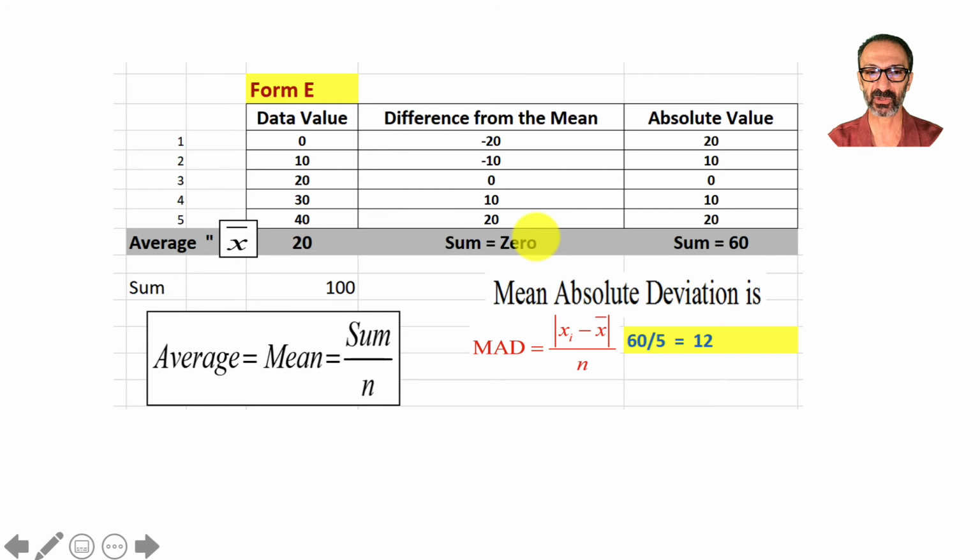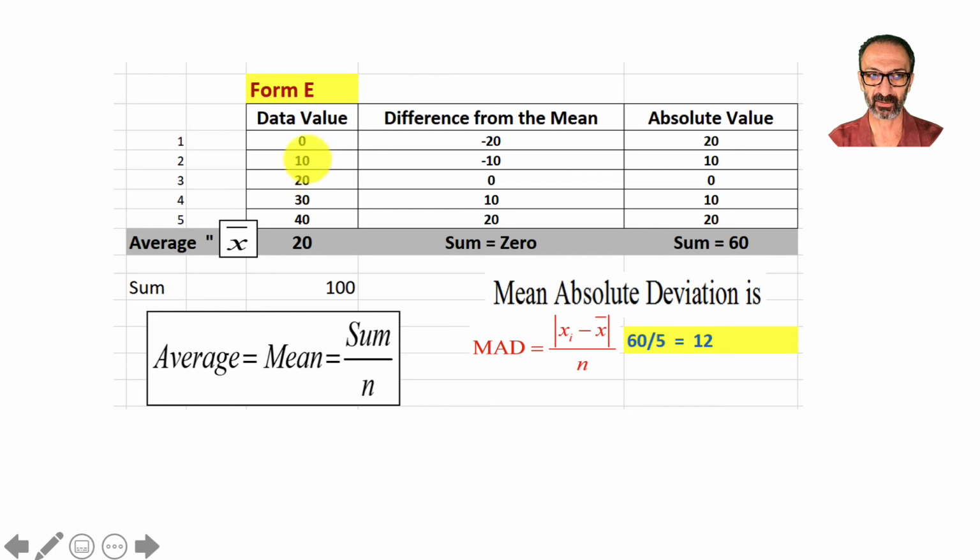This will add up to 0. You take the sum of the distances away from the mean, which is the absolute value. I get a sum of 60. 60 divided by 5 is 12. Alright? Let's take another example of the same size, and you'll see what I mean.